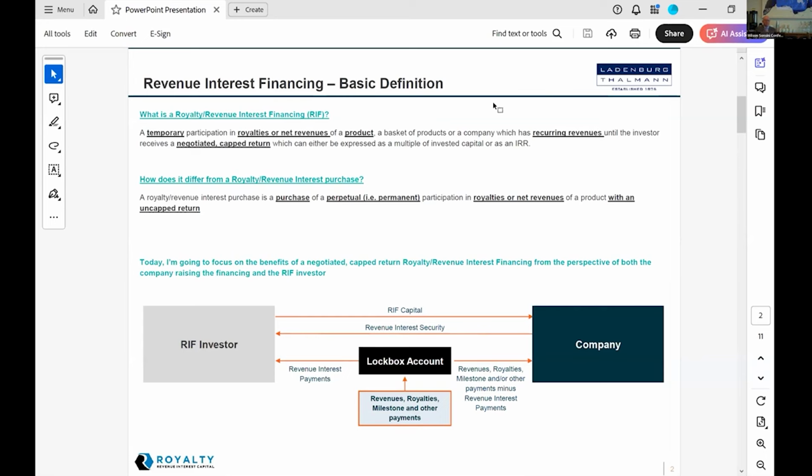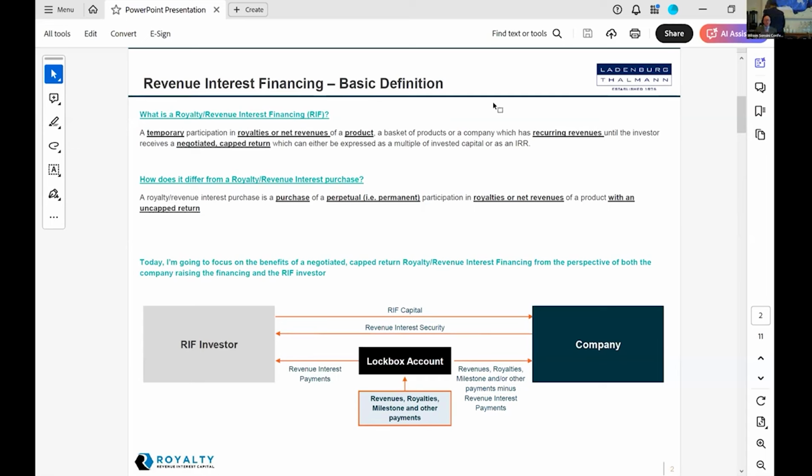A revenue interest is simply for a company that develops and markets its own products. A revenue interest is simply a synthetic royalty. It's basically a royalty that's created just for the purpose of doing a financing. So they really are very similar, and I'll refer to it as royalty or revenue interest financing.